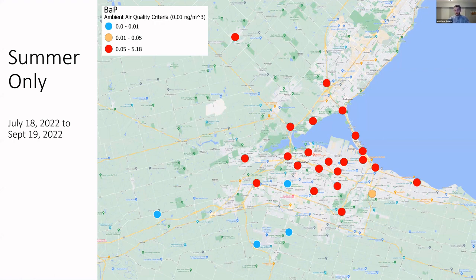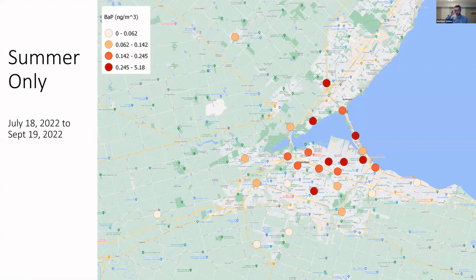Concentrations are highest as you get closer to that industrial core, but it's fairly extensive, the elevated concentrations that we saw. So it's still a problem.